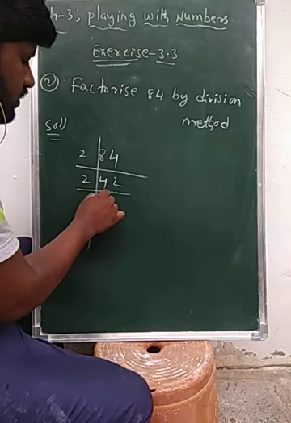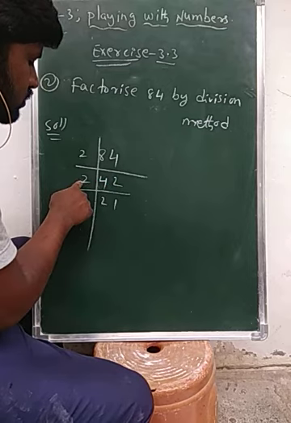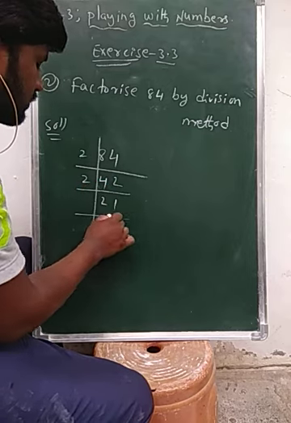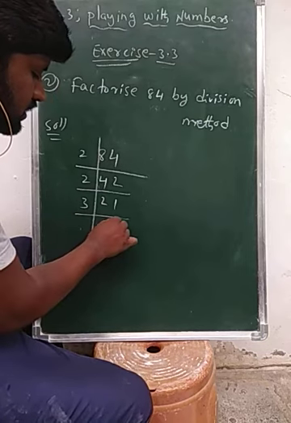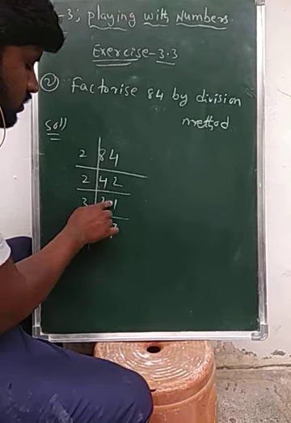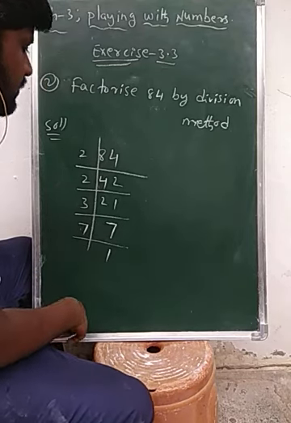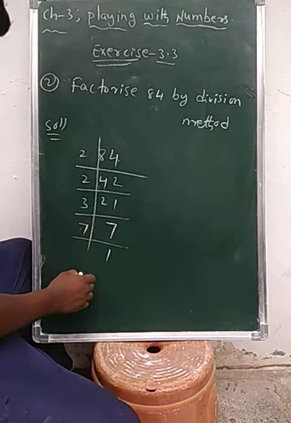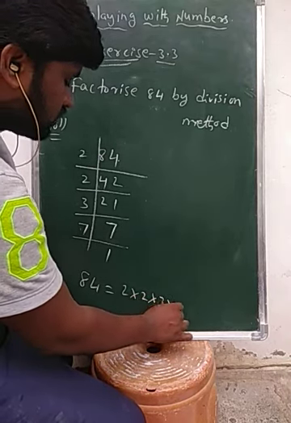Again 2 21s are 42. Next I'm taking 3, a prime number only. 3 7s are 21. Again I'm taking 7, 7 1s are 7. So we can write 84 equals 2 into 2 into 3 into 7.